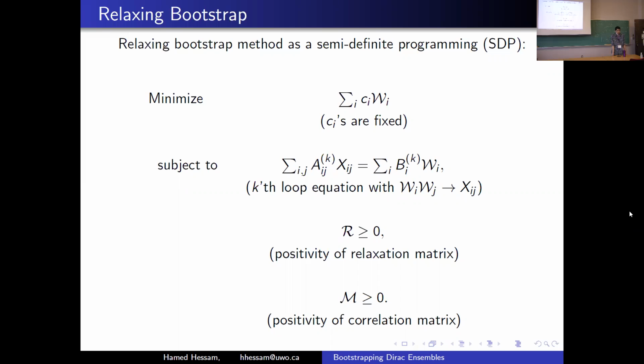This was done by Rychkov, with bootstrap, similar ideas. Because the conformal group is very small, there are a lot of constraints, all the constraints.